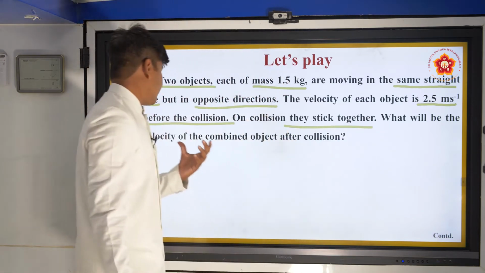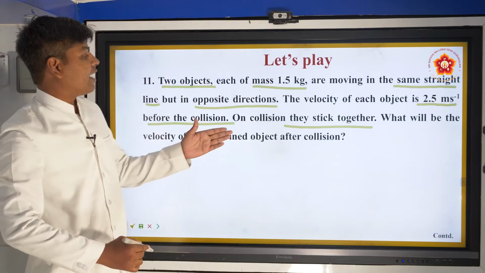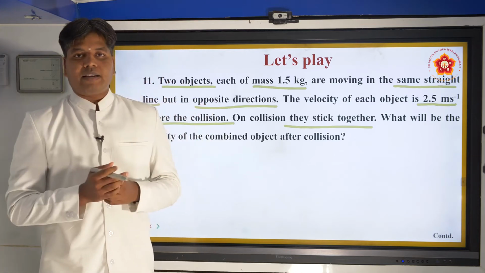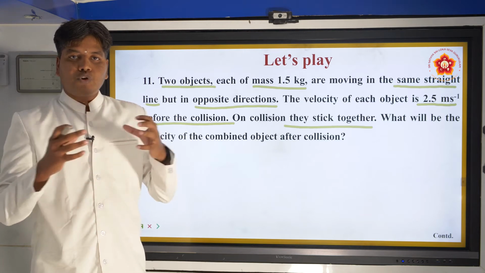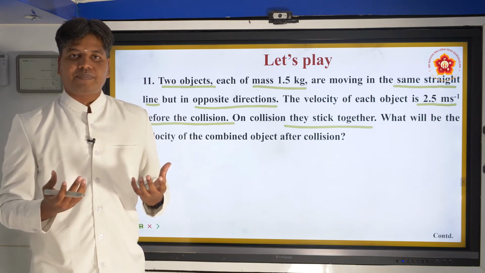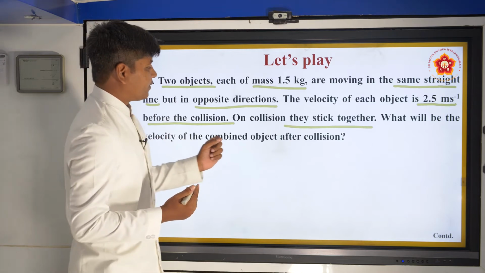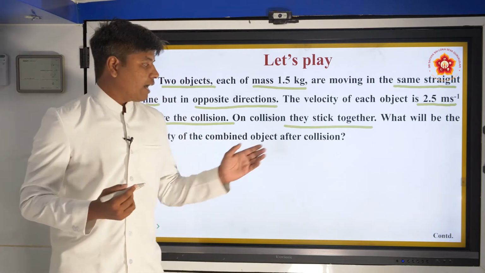So what will be the velocity of the combined object after the collision? As they are not going apart, they are sticking to each other. Both together form a new object, right? So he is asking what will be the velocity of the combined object after the collision.